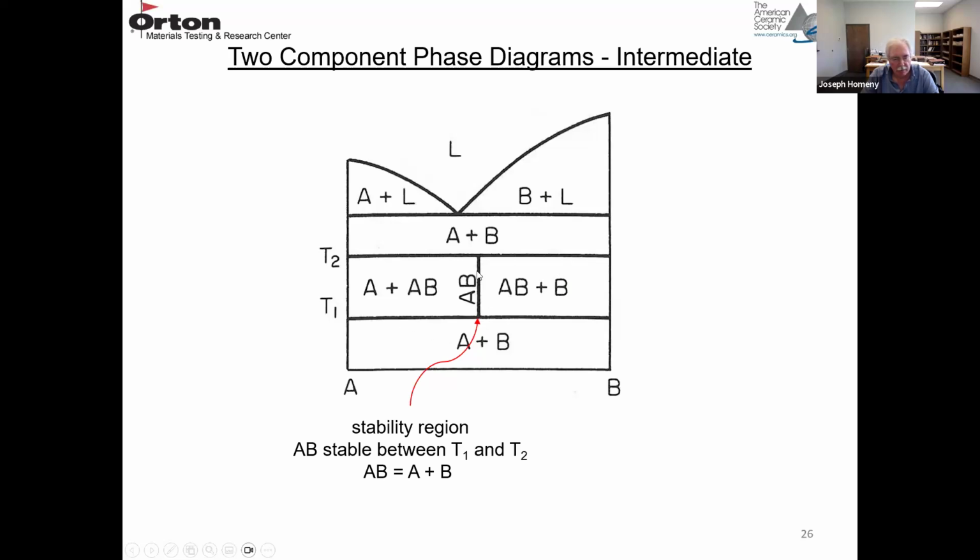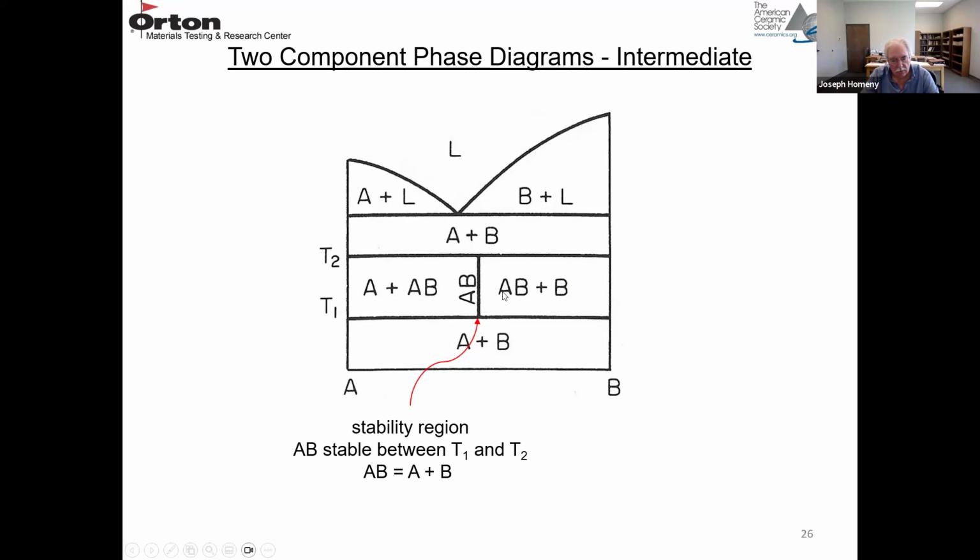Here's an example of a stability region. So A and B are your endpoints again. There's a compound AB that forms, and it's only stable between 2 temperatures, T1 and T2. So AB is stable between T1 and T2.